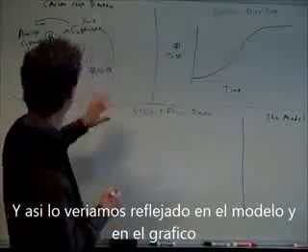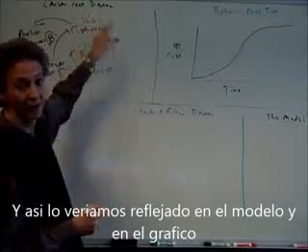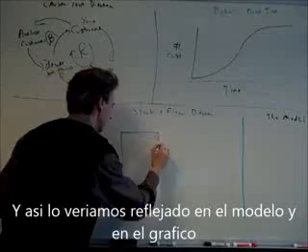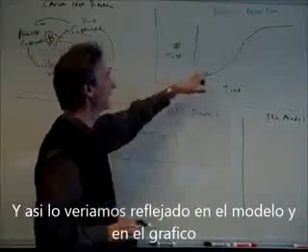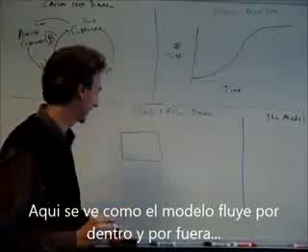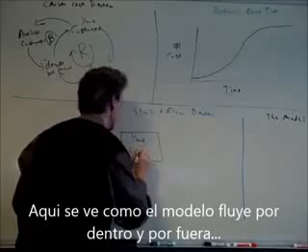So the thing you can count here would be number of customers. That is your stock. It's also often the main thing you're graphing in these behavior over time diagrams. So customers is our stock.